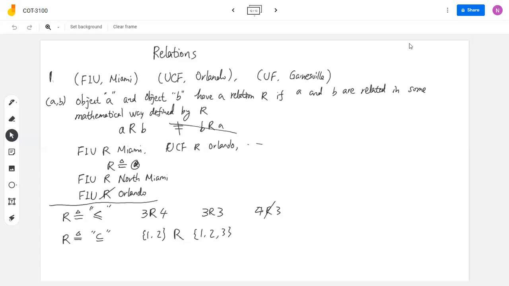And the last example I'm going to give you is, say I define R to be adjacent. Then we can say Florida R Georgia, and Florida R Alabama. And what about Mississippi?